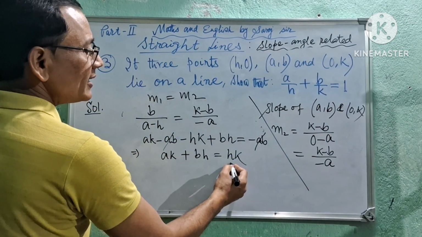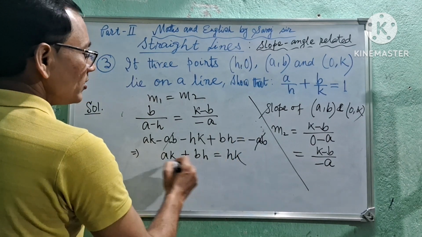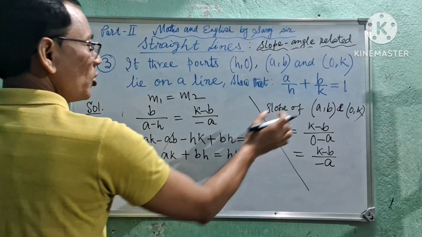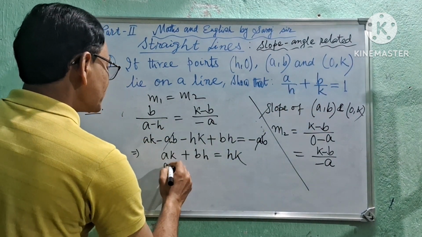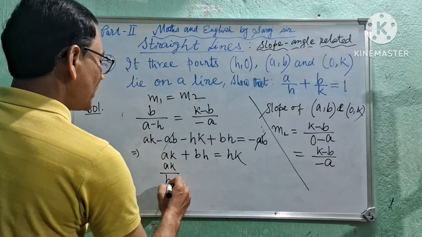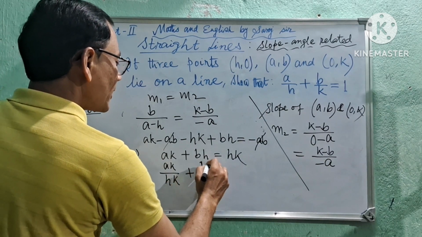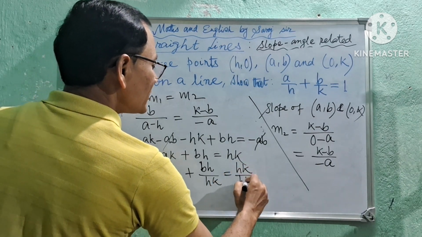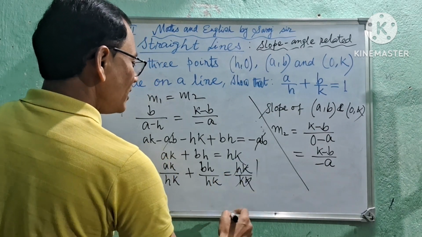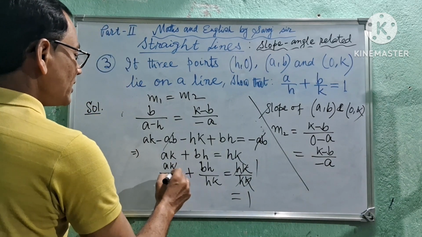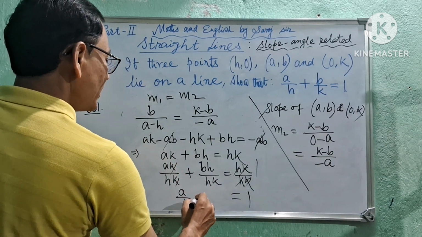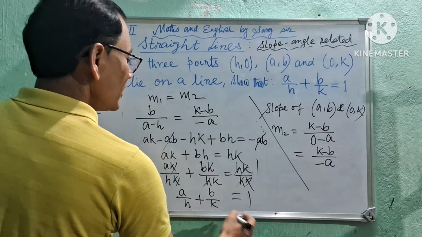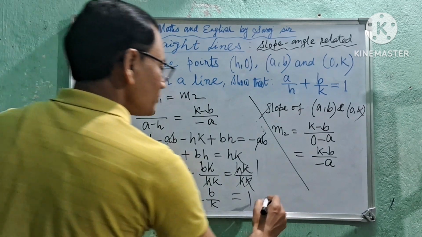That is, if we divide hk by hk on both sides, the right hand side will be 1 and the left hand side we get ak upon hk plus bh upon hk. hk upon hk, this term cancelling will be 1, and cancelling k, a upon h, plus cancelling h, b upon k, is equal to 1. Proved.